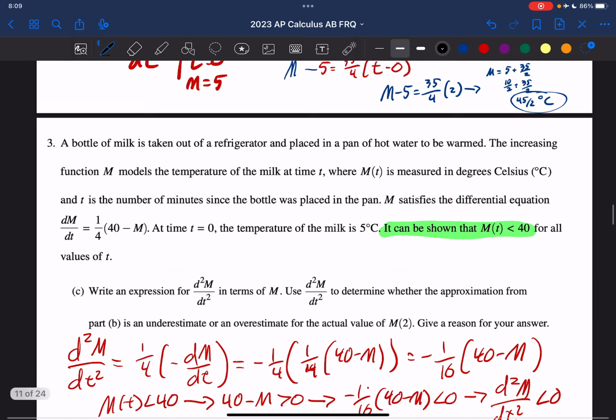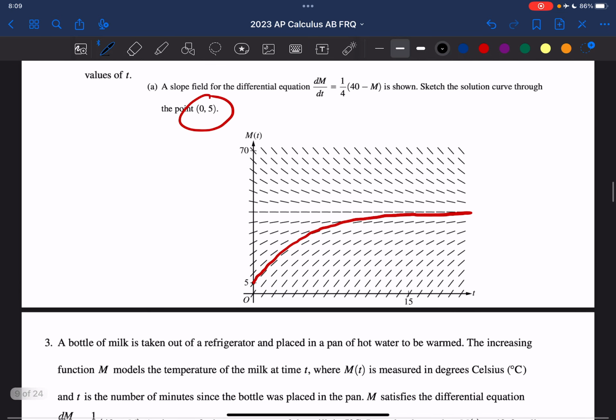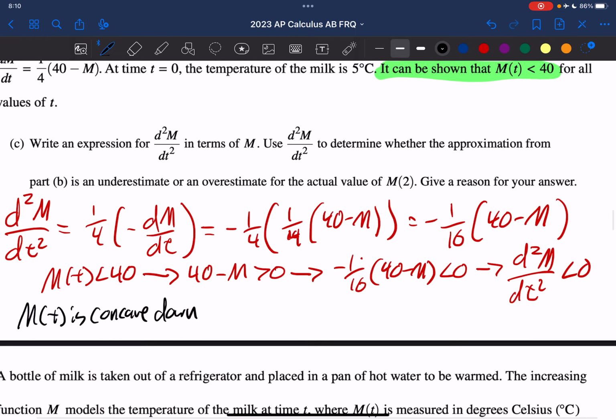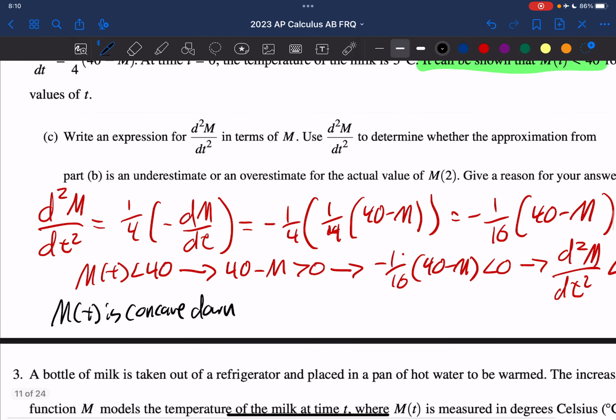If you look at our solution curve back in part A, that kind of makes sense. Here the slope is always decreasing. So back down to here, since it's concave down, that means the approximation, the 45 over 2 approximation, is an overestimate.